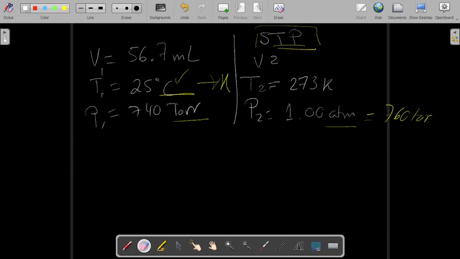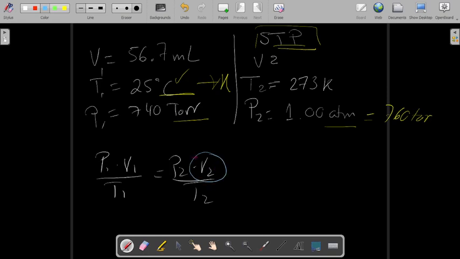Let me start all over. P1 V1 over T1 equals P2 V2 over T2. Okay. And then I need to find out V2, so volume 2. Those two need to be moved to the other side.